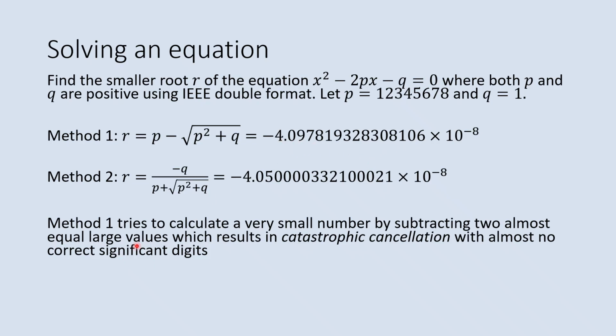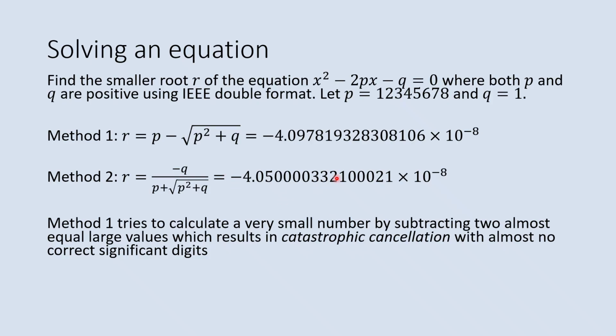And so it's trying to calculate a very small number by subtracting two very large numbers. P squared plus Q and the square root of that is almost the same as P. So you're trying to find a very small number by subtracting a large number from another large number.